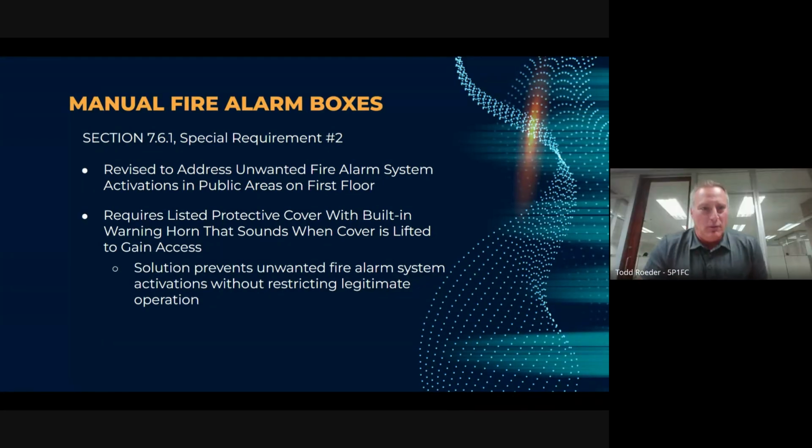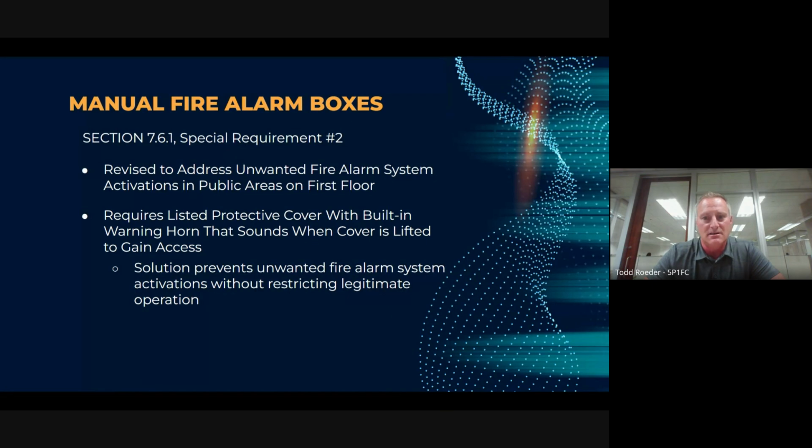Next update, I wouldn't necessarily say this is significant, but nonetheless, it's an update related to manual fire alarm pull boxes within 761. Special requirement has been added to address unwanted fire alarm system activation, specifically in public areas on the first floor of a building.